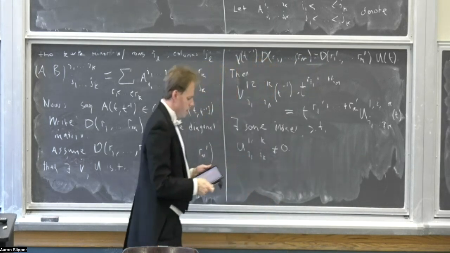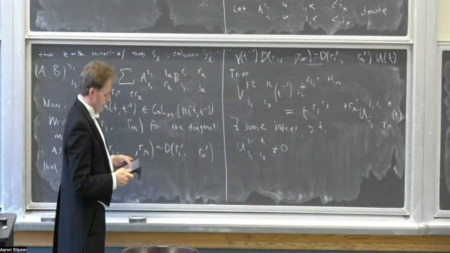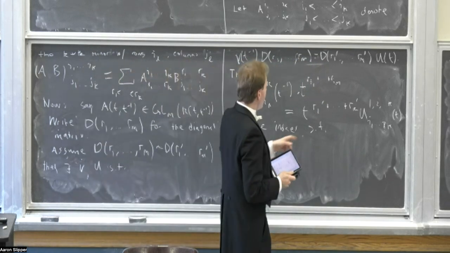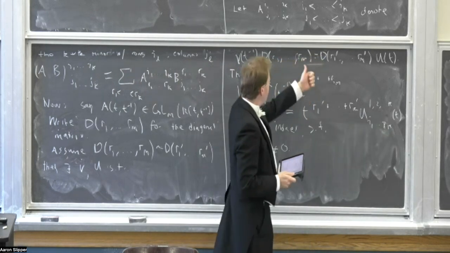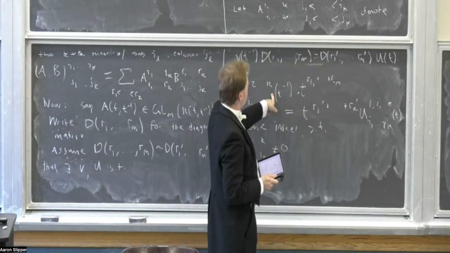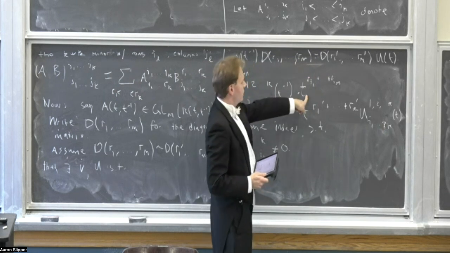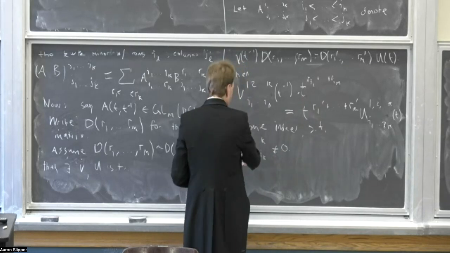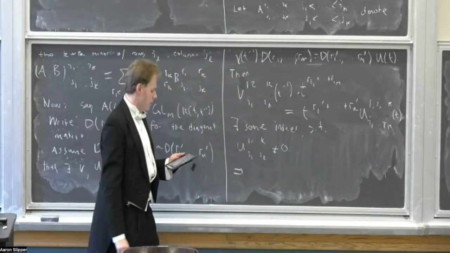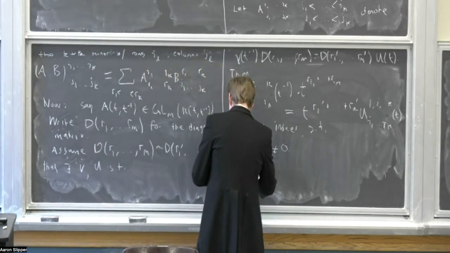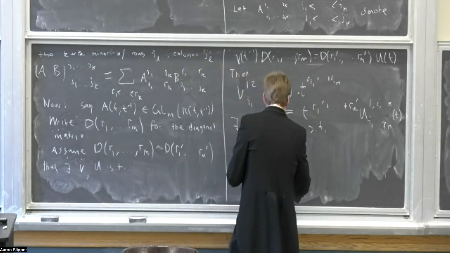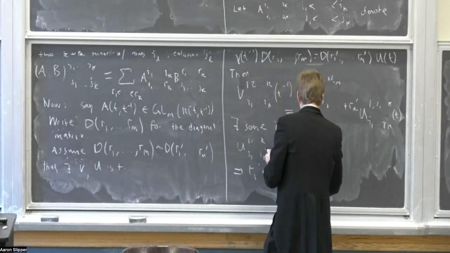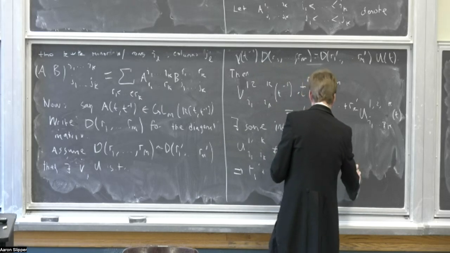If that were not true anywhere, that would just be a complete block of zeros, and we know that's not the case. Because this only involves T's, this will up the degrees of the T's, and this only involves T inverses, this will lower the degrees of the T's. For this to be equal, we see that for this particular index, assuming they're not actually 0 on the nose, R1' + ... + RK' is less than or equal to R1 + ... + RK for all K.